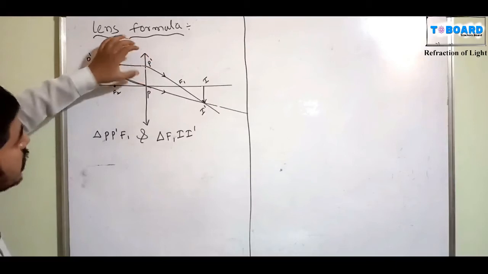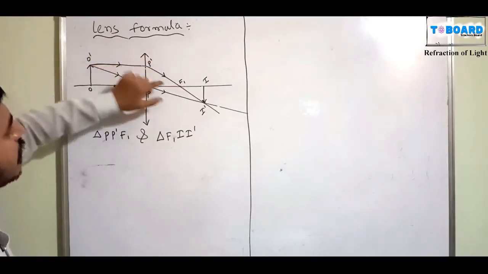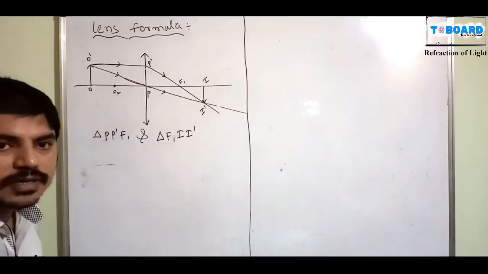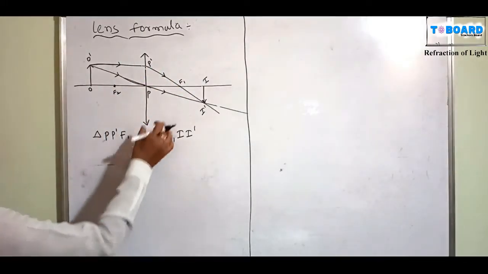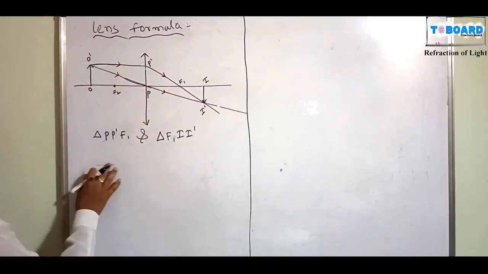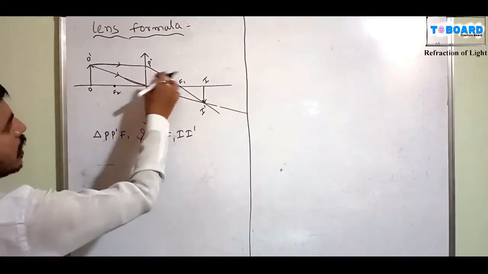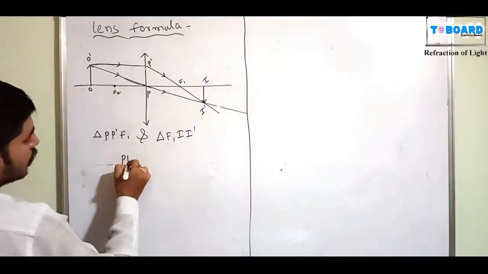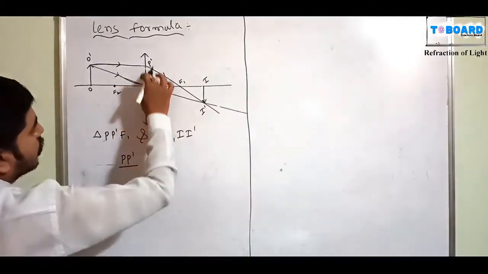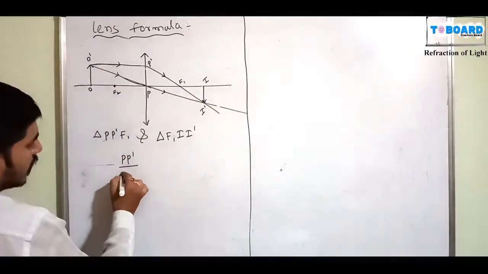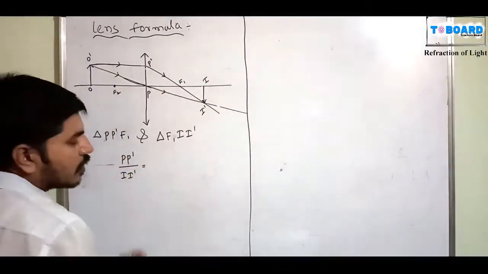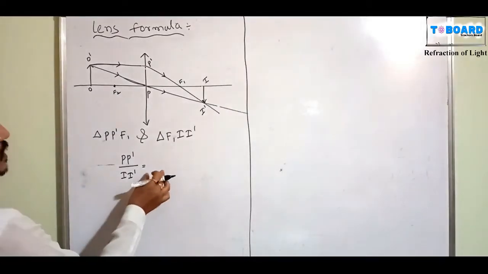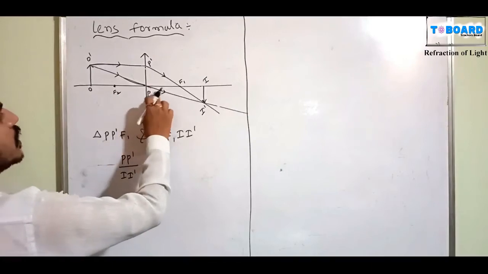P dash F1 and I dash F1 both look like similar triangles. So in this similar triangles formula, I am going to write the ratio of opposite sides, P dash divided by I dash, equals the ratio of adjacent sides, once you see, PF1.